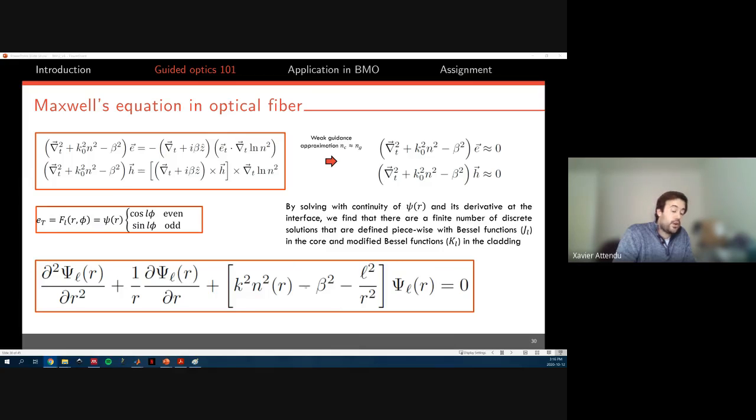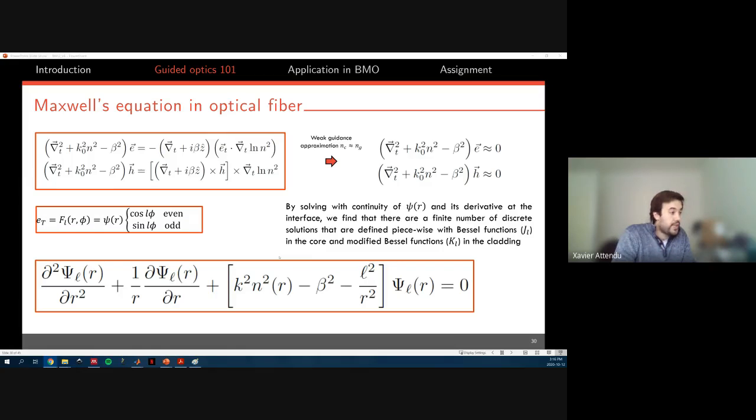What you realize is that there are only certain values of beta which can solve this equation. And in the case of single mode fibers, you actually have a unique solution. So there is only one value of beta, of the effective index, the invariant, that solves the equation. Therefore, there can only be one mode in the single mode fiber.